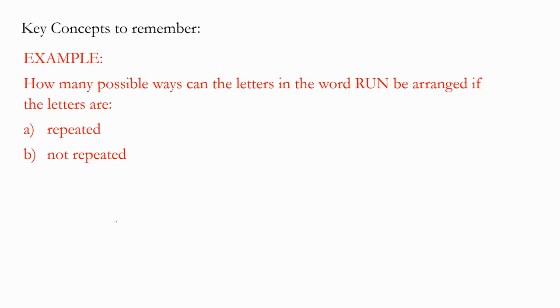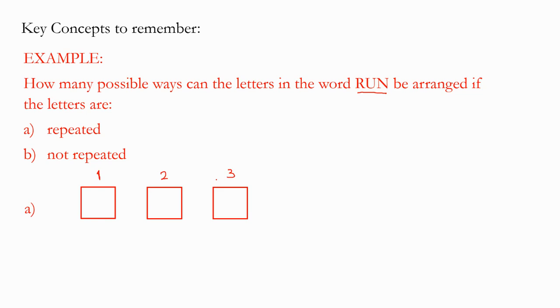To explain this, I'm going to use the positions of the letters. We're going to have position 1, position 2, position 3, because this word is composed of 3 letters. And then A says that the letters can be repeated. So, position 1. How many choices do we have for position 1?